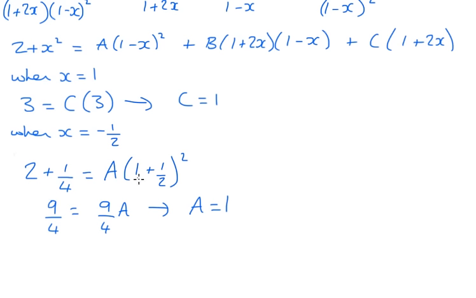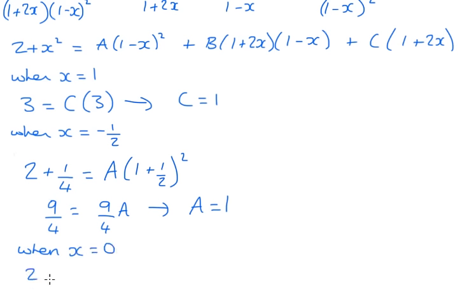And the last thing we're going to need to do is work out what B is. There's nothing else we can choose to make part of this equation disappear, leaving B. So I'm just going to choose another sensible substitution, and the substitution I'm going to choose is when x equals 0.